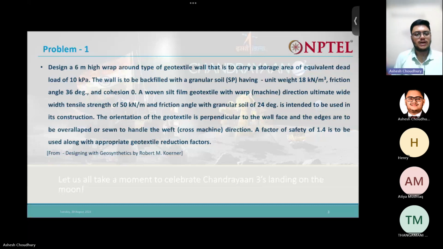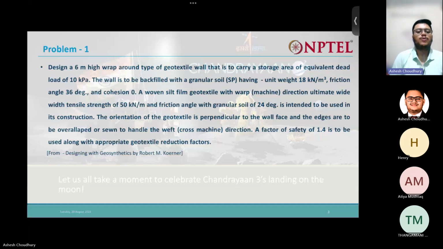The wall is to be backfilled with a granular soil, SP, that is poorly graded sand, having unit weight 18 kilonewton per meter cube, friction angle of 36 degrees and cohesion 0. A woven slit film geotextile with warp direction ultimate wide width tensile strength of 50 kilonewton per meter, and friction angle with the granular soil of 24 degrees, is intended to be used in its construction.